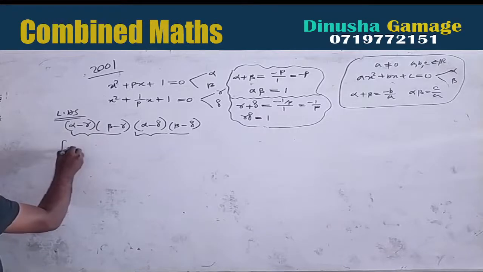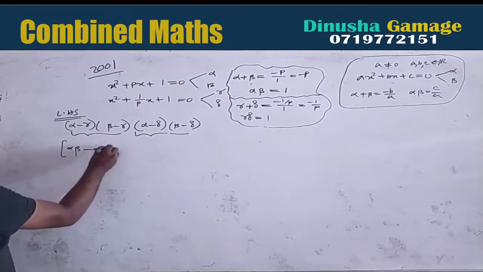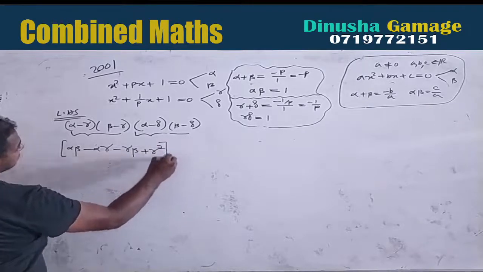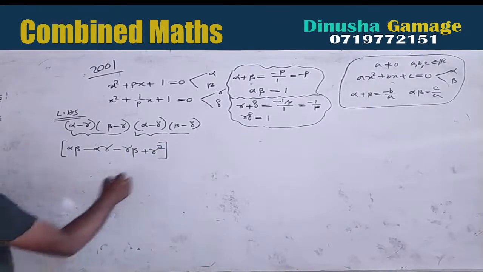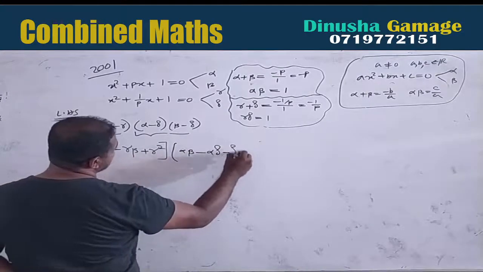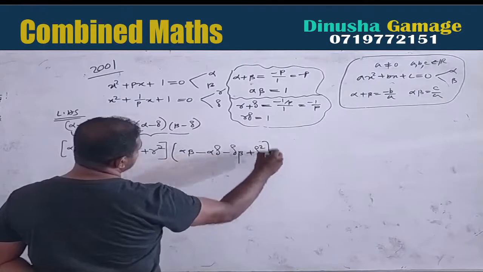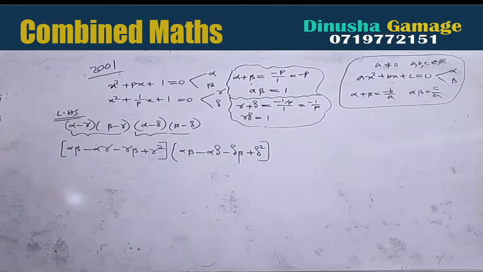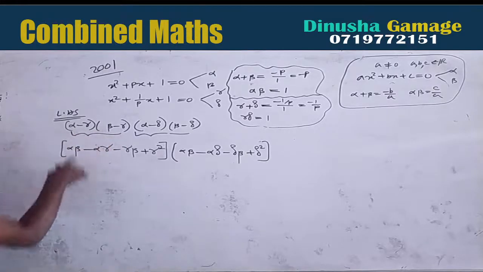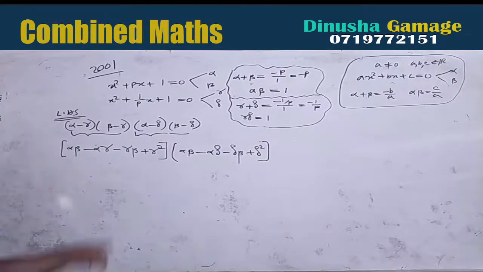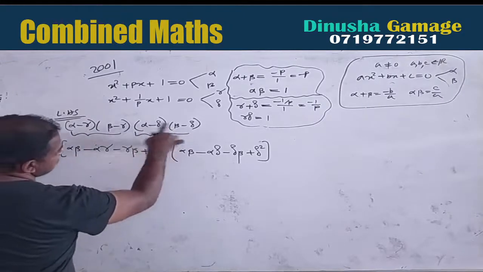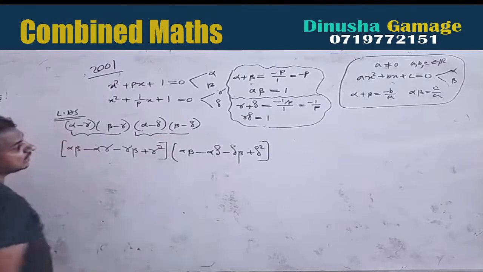Expanding, alpha beta minus alpha gamma minus gamma beta plus gamma squared, and alpha beta minus alpha delta minus delta beta plus delta squared. I removed these brackets and obtained this result, as well as the last result.